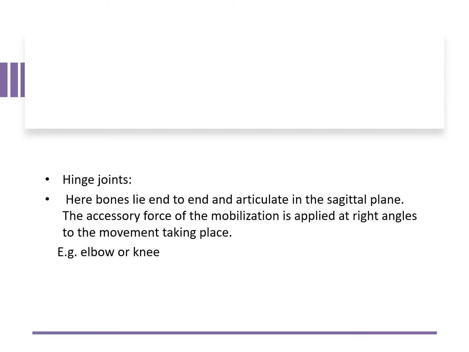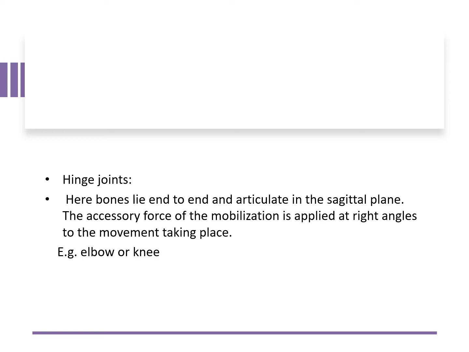So for instance, if it's a hinge joint, which is your elbow or knee joint, the bones lie end to end and articulate in the sagittal plane. We know that a hinge joint can do two ranges of motion, flexion and extension, which happen in the sagittal plane.